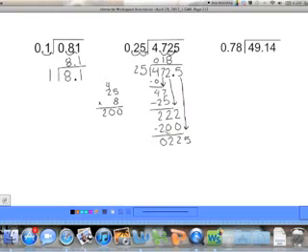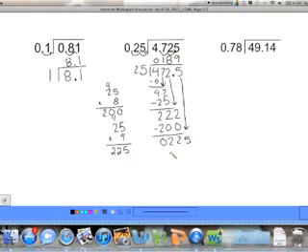You may see where this is going since we just counted up by quarters and got to 225. But if we know 25 times 8 is too small, let's try 25 times 9. 5 times 9 is 45. 9 times 2 is 18. Plus 4 more is 22. And we get 225.